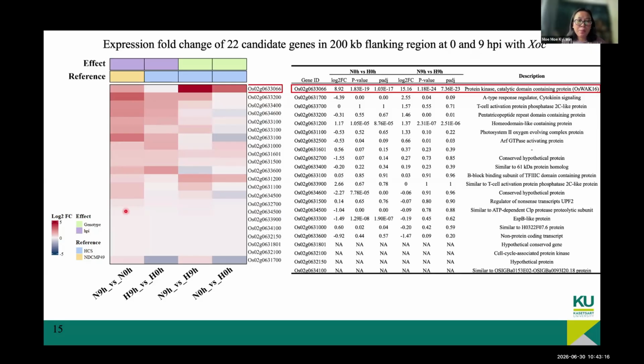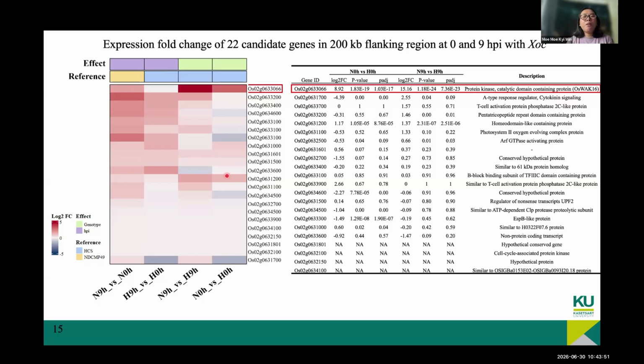The first column is the expression of the N genotype, our resistant parent, at 9 HPI versus 0 HPI. The second column is our susceptible parent HCS at 9 HPI versus 0 HPI. The third column shows the comparison between resistant and susceptible parents at 9 HPI, and the last column is the comparison of the 2 parents at 0 HPI.